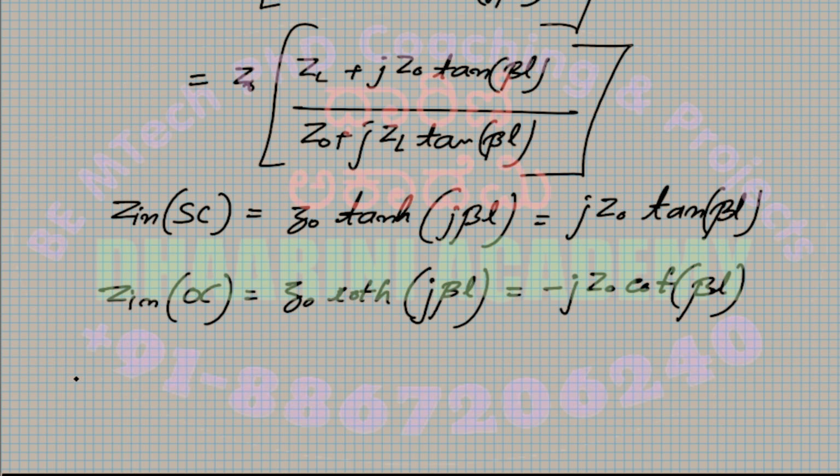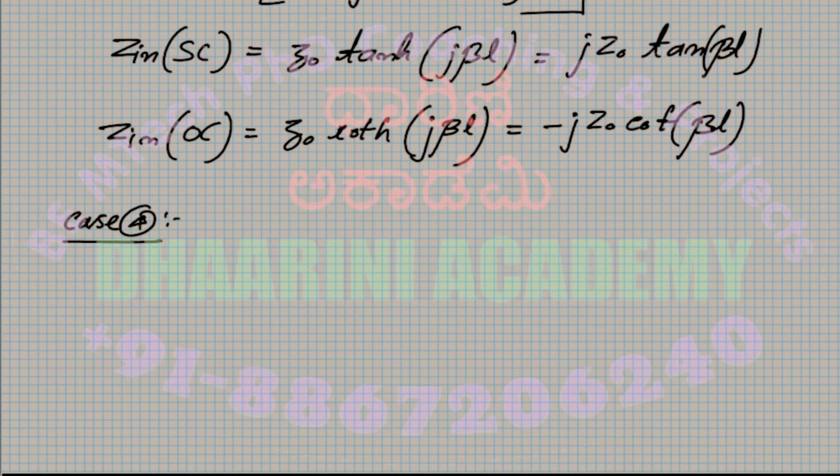Then in this case, we have case number 4. This is the most widely used application whenever a practical application is required. You use what is called a quarter wave transformer.